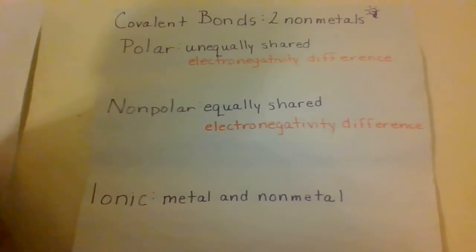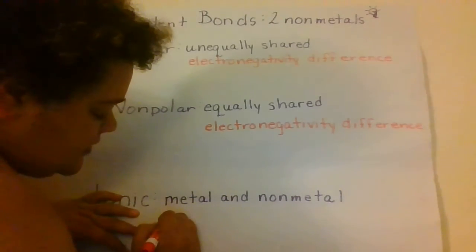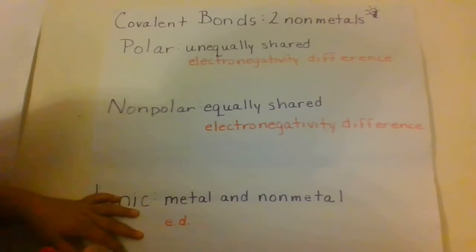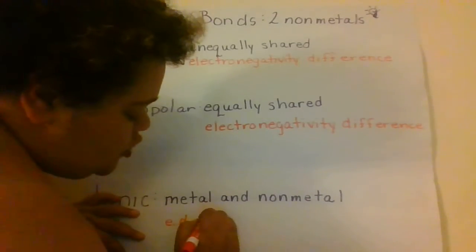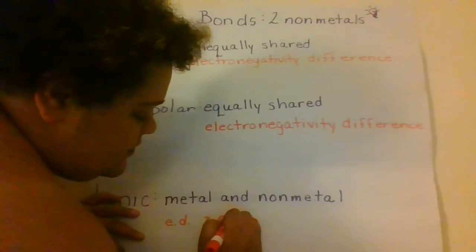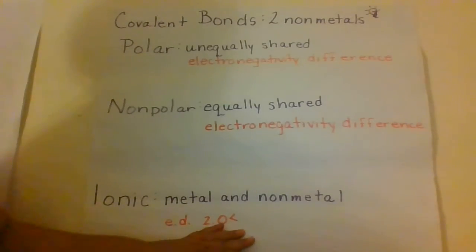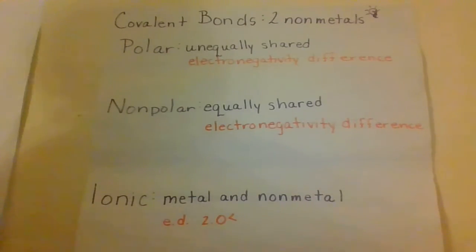Ionic also has that. So that's going to be anything with an electronegativity difference, which we're just going to call ED at this point, that's greater than 2.0. Anything greater than 2.0 in electronegativity difference is going to be an ionic bond.